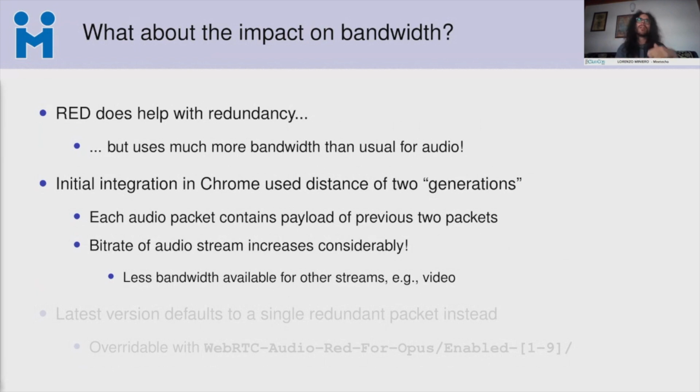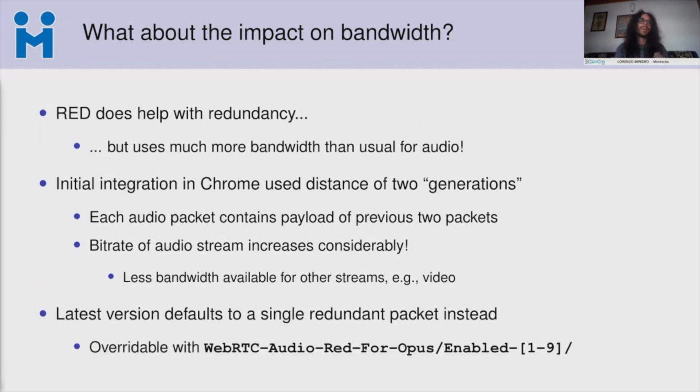And so they are now just sending 1 redundant packet along the packet they are sending right now, which reduces the reach of RED in the first place, but basically helps keeping the bandwidth usage compact, even though you can tweak that via some flags in Chrome if you want to test more.